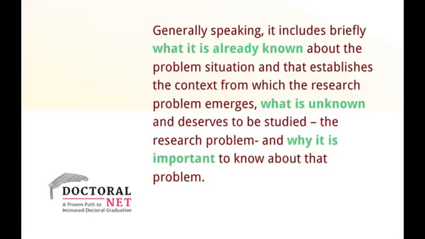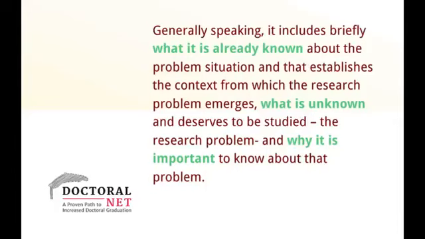And finally, you have to say why it is important to know about that problem. In other words, you have to talk about prior research, which is what is already known, what other people have studied about this problem that is related to your current problem situation, to your own context.